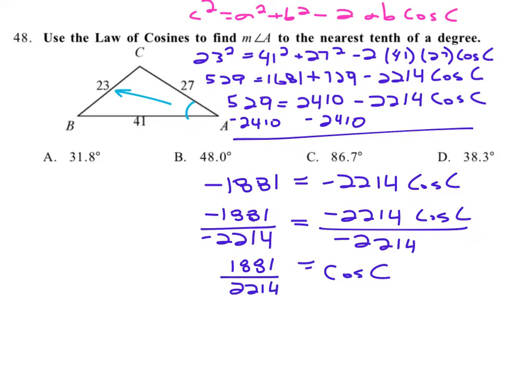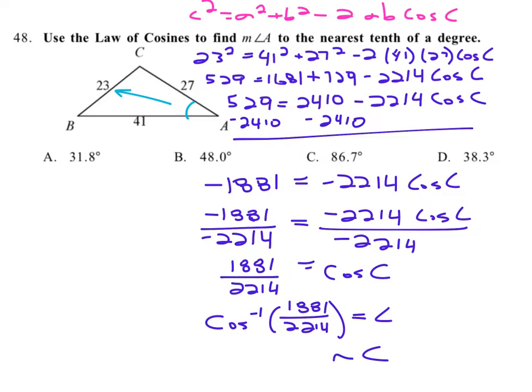And then, how do you find the angle from the ratio? You say inverse cosine of the ratio equals the angle.